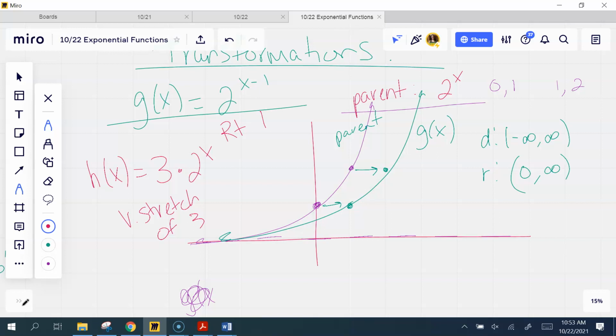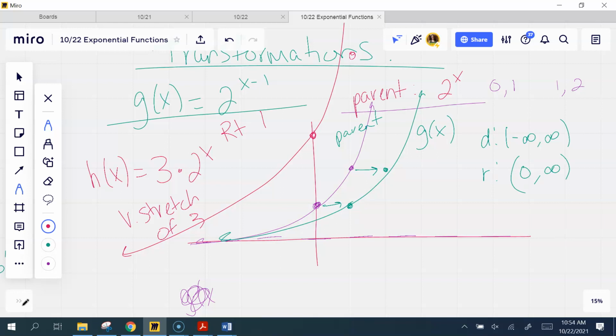The only difference is instead of (0, 1), I'm at what? Anybody? You're at (0, 3). And instead of (1, 2), I am at (1, 6). Because remember, it's shooting up a little faster. Vertical stretch is only impacting the y value.